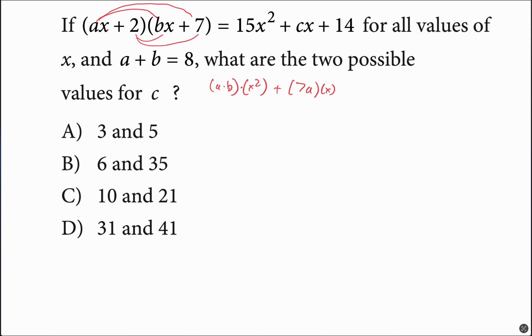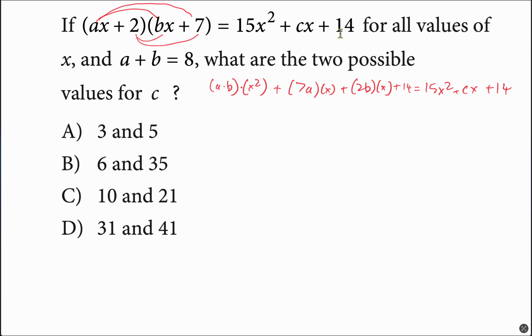And then 2 times bx, you have plus 2b times x, and then plus 14. That whole thing equals what you have on the right equation here. So you just rewrite that: 15x squared plus cx plus 14.